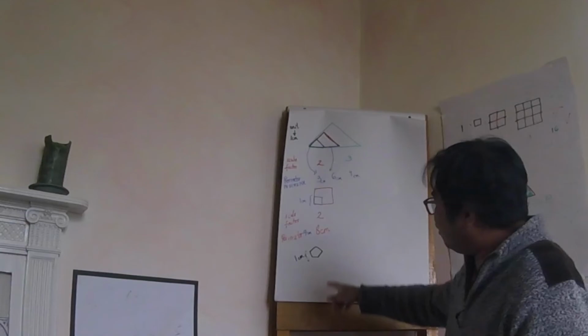The hexagon would be like this. Each side is 1 centimeter. If I enlarge this 6 times and 8 times, what is the perimeter of the hexagon?